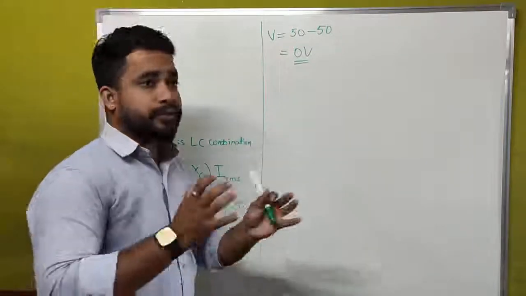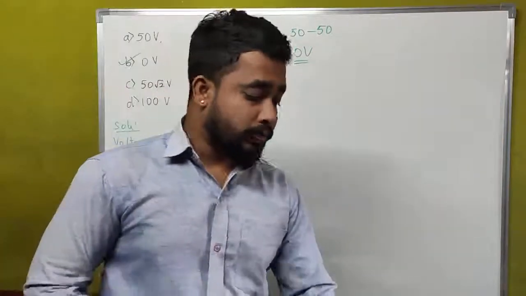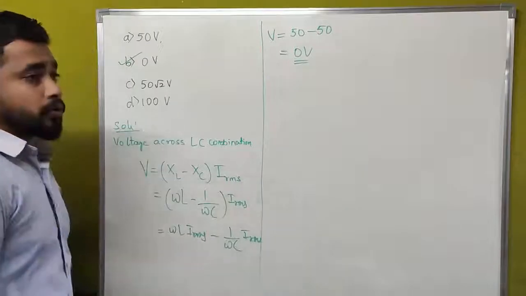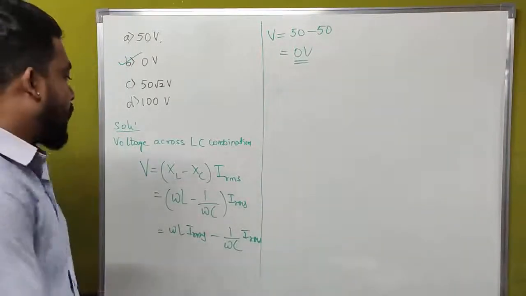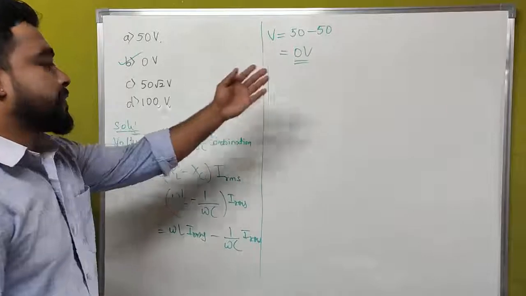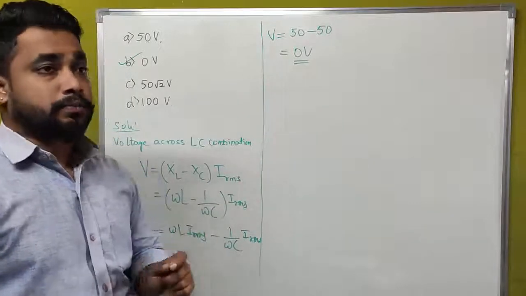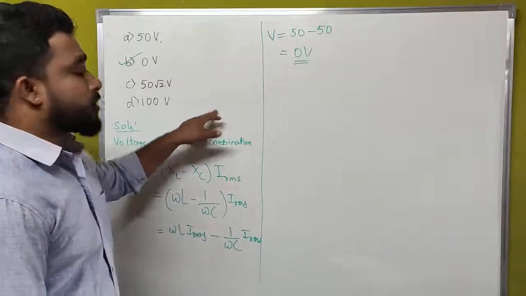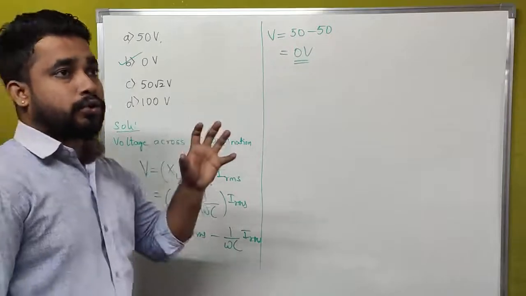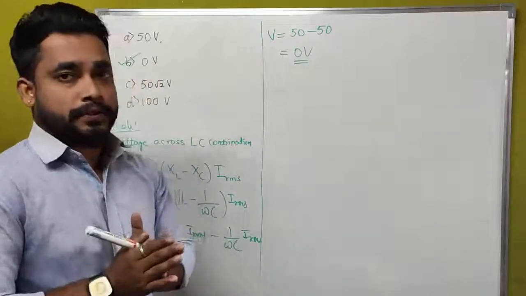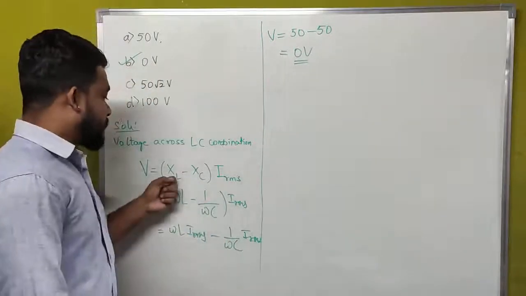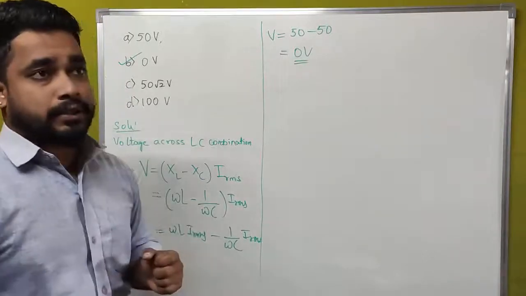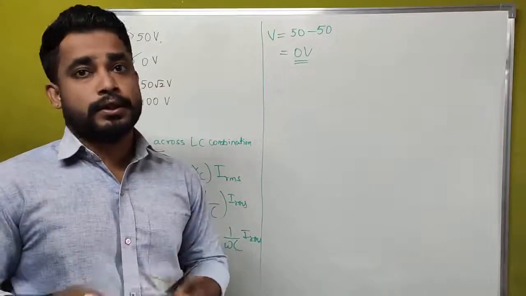Here we may get confused, because we have option D, which is 100 volts. If we add these two, 50 plus 50 is equal to 100 volts. But in the case of voltage across the LC combination, we should know the basic concepts of physics. In terms of inductance and capacitance, which is leading the current? That is more important.